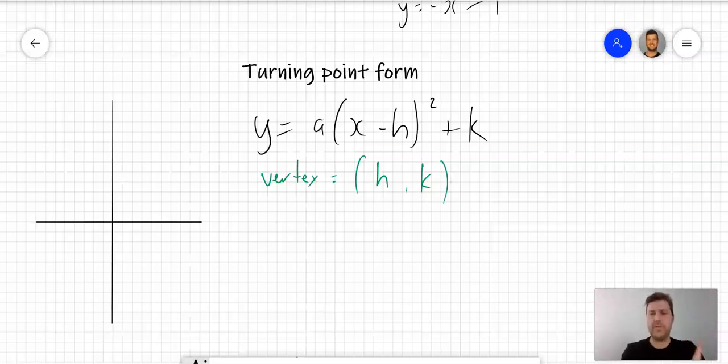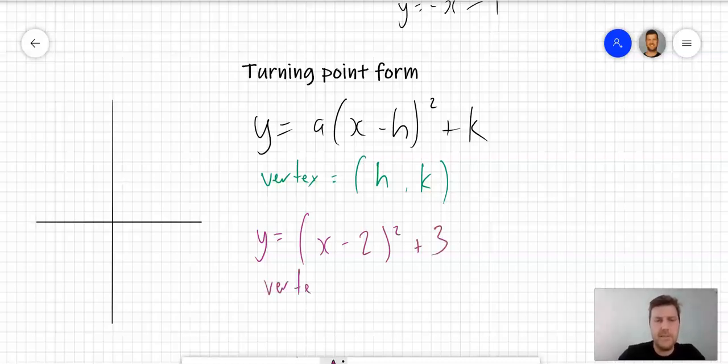Let's do two examples. I'm going to show you turning point form and how to start by plotting the vertex, or the turning point, just from looking at the equation. So here's an equation, let's keep it simple. Let's keep a as positive 1 in both of these examples. y equals (x take 2) all squared plus 3. My vertex is at positive 2.